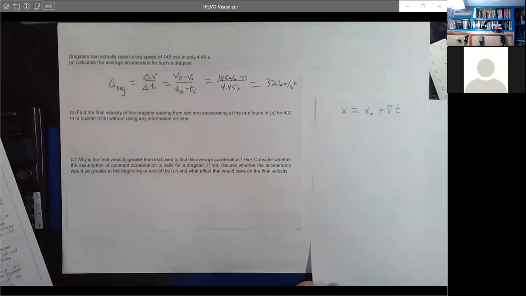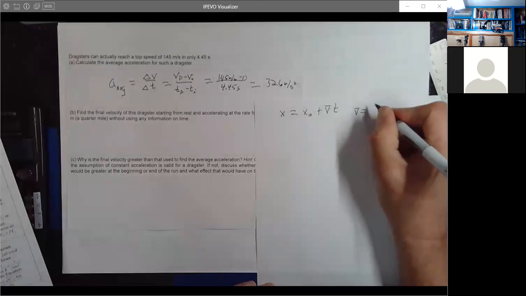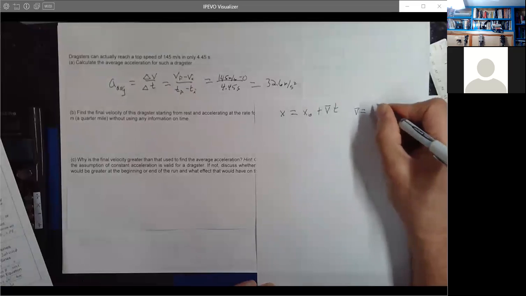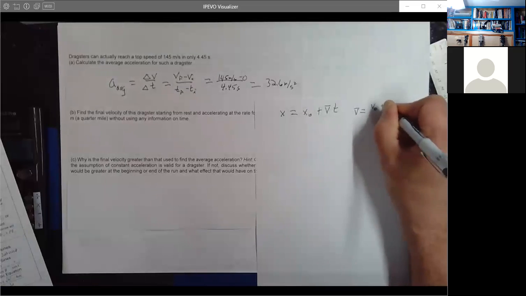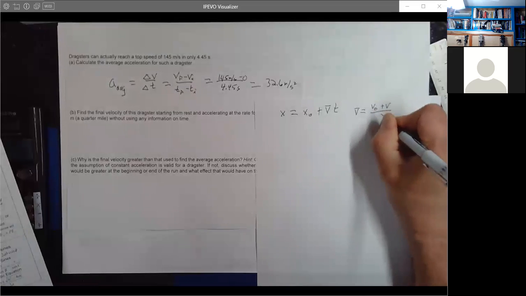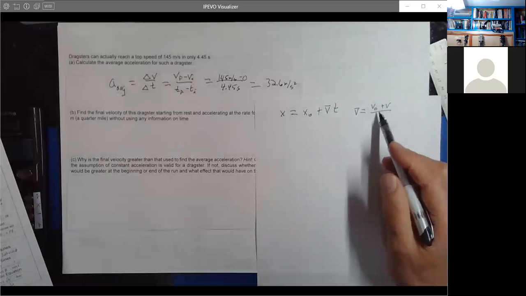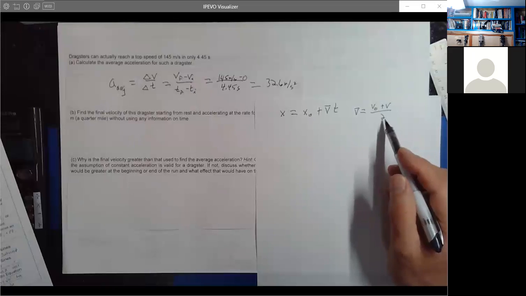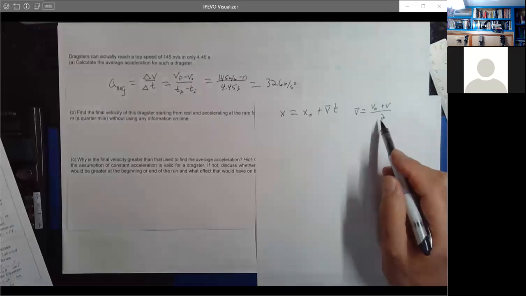And then something else: when you have constant acceleration, the average velocity is v naught plus v divided by 2, or the average velocity for some interval is just the average of the beginning and ending velocity.